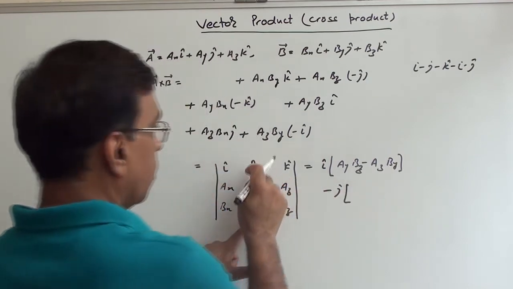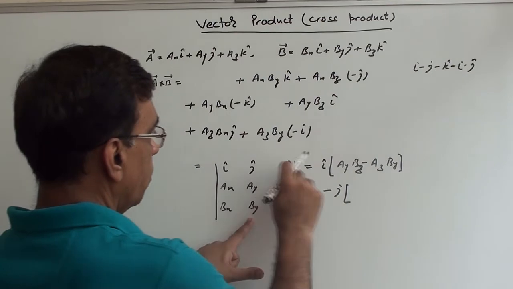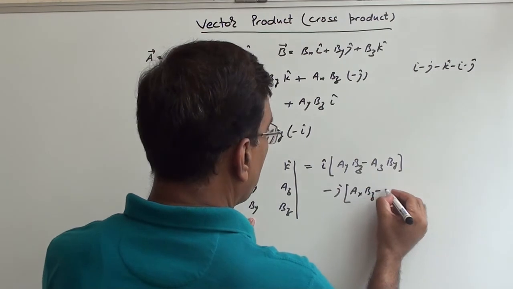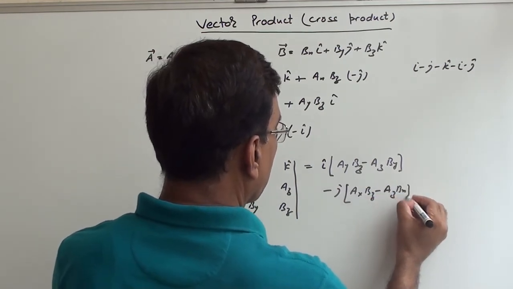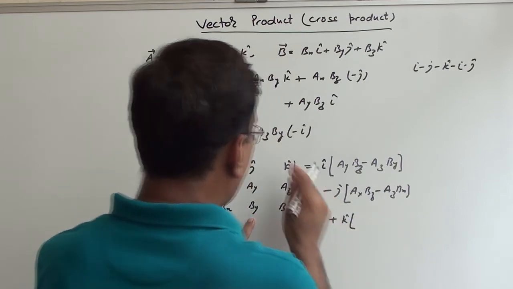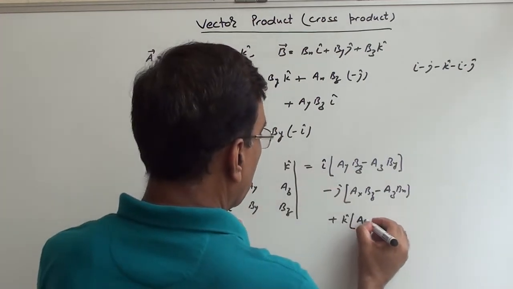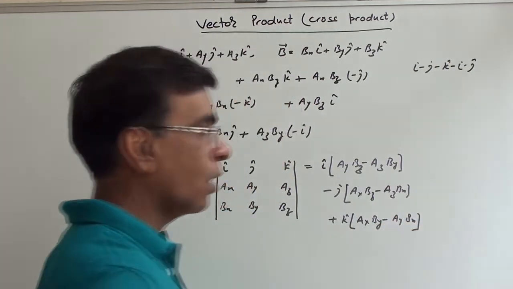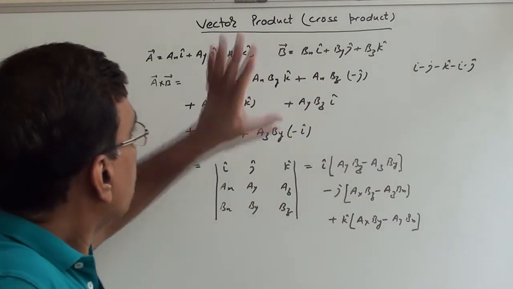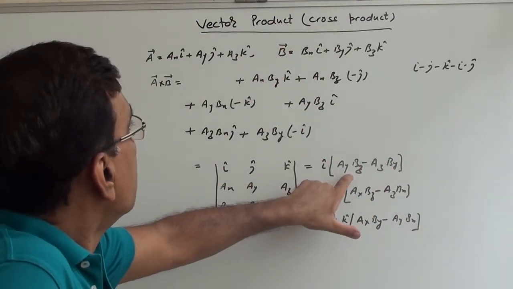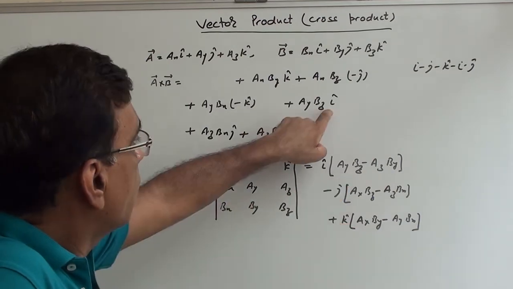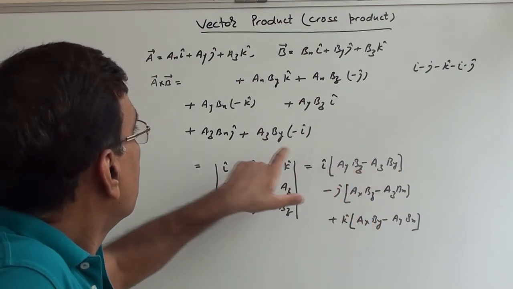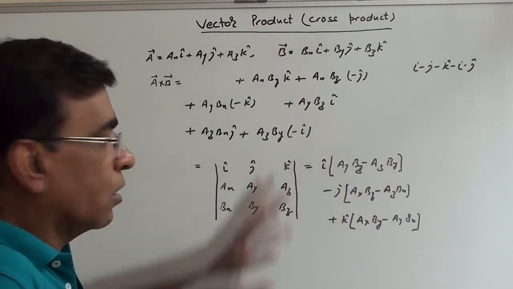minus J, in the center there is a minus, leave this column, this row, AX BZ minus AZ BX, plus K cap, leave this and this, AX BY minus AY BX. If we look, these are the same terms, AY BZ I, then minus AZ BY I cap, and same way you can see all these 6 terms are there too.